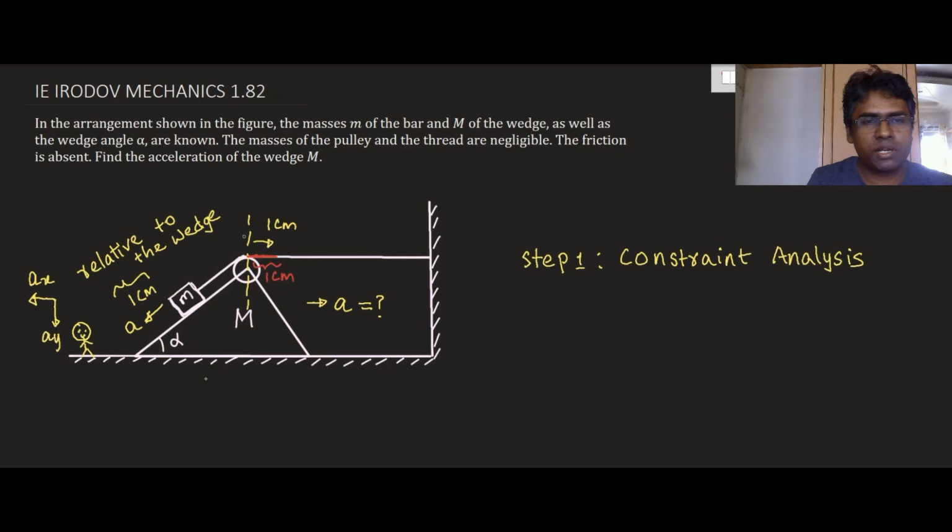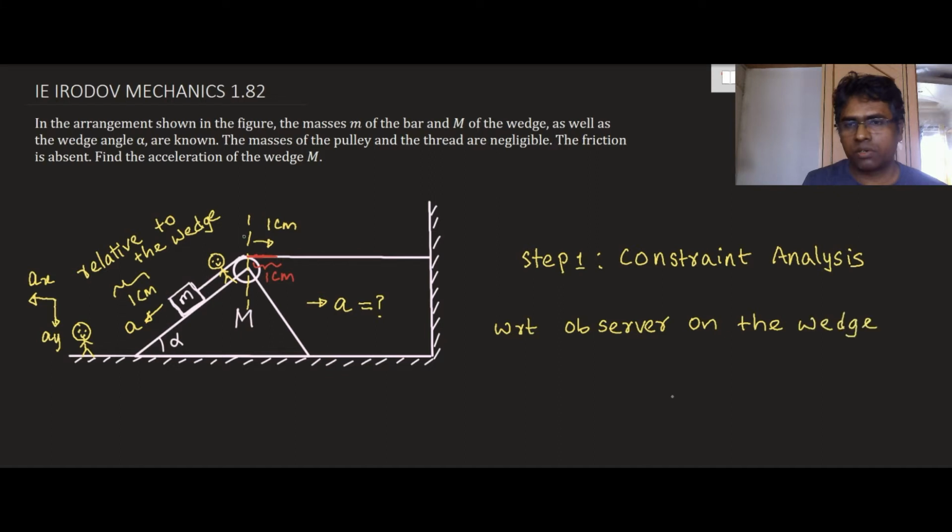Now if I think about an observer standing on the wedge, with respect to the observer on the wedge, he will notice the vertically downward acceleration as it is, ay.